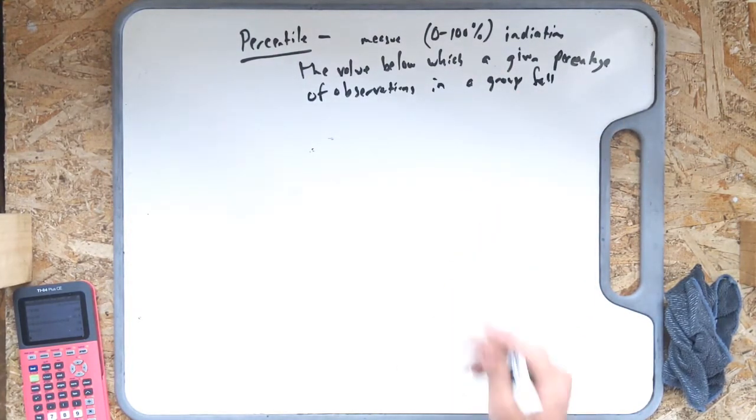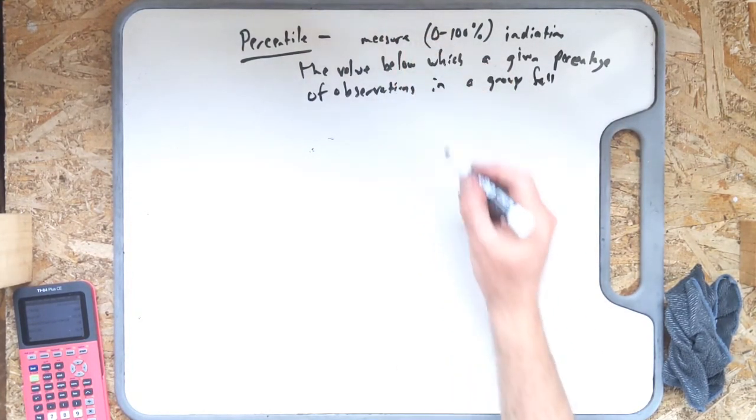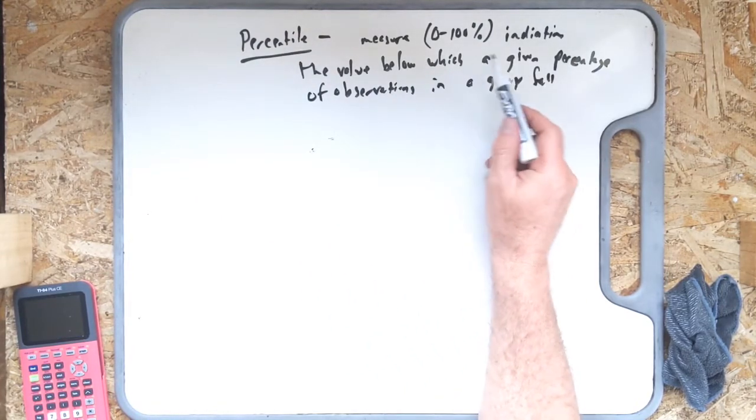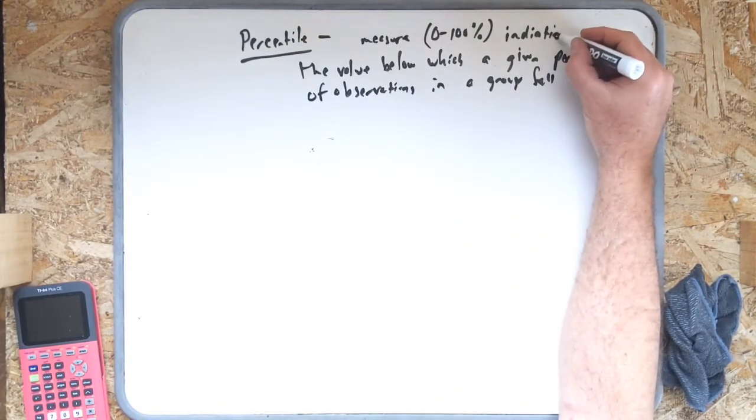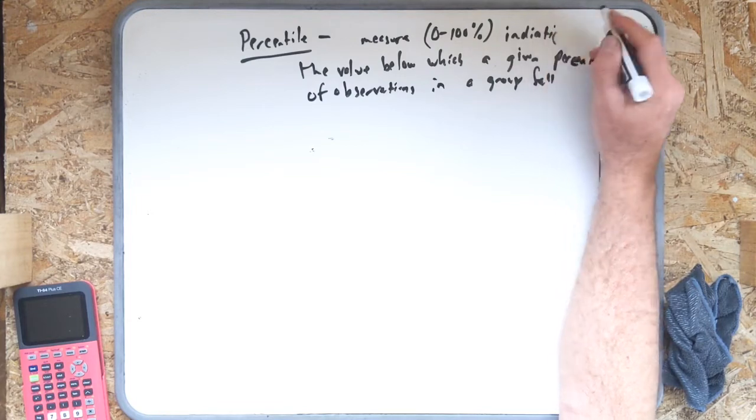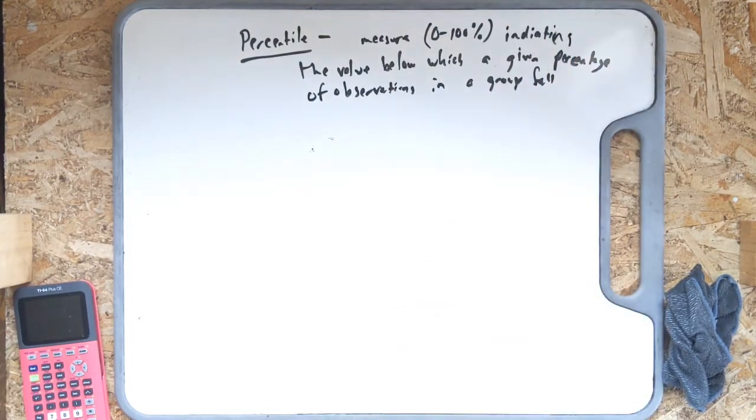So percentile is measured between 0 and 100, indicating the value below which a given percentage of observations in a group fall.